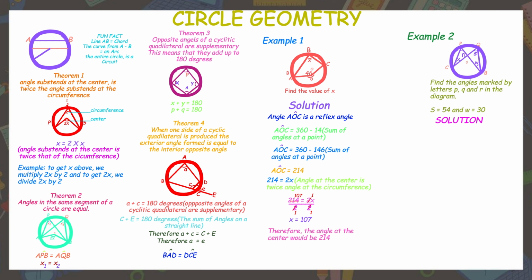So angles in the same segment, they are equal. So that means that x, from that question, is equal to 54, and W is equal to 30 degrees. And you know that Q is equal to x, angles in the same segment.